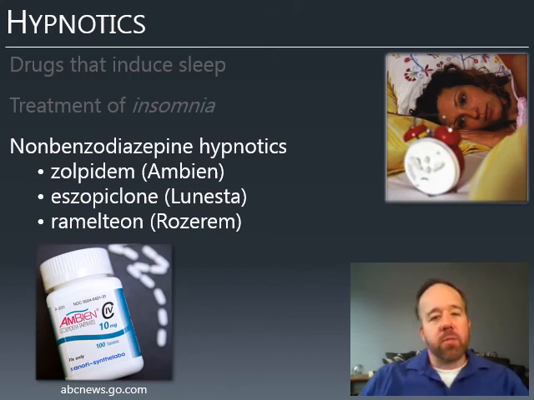And the way it works is melatonin is a neurotransmitter that's thought to regulate sleep and wake cycles. So Rozerem mimics melatonin, and it's most commonly used for people that, either because of their job or because they're traveling, have a day-night cycle that doesn't match up with their endogenous sleep-wake cycle, and so it sort of resets your body clock.